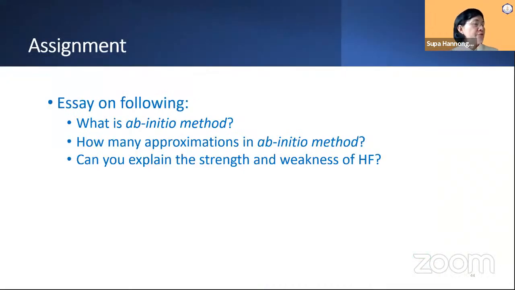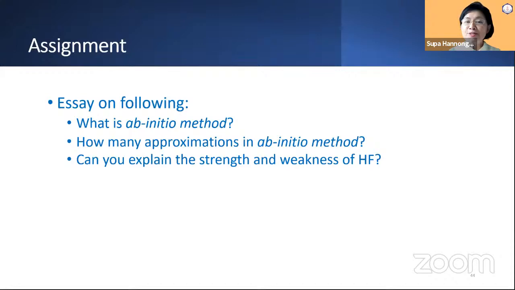So I think we come to almost the end of my lecture. And today I have introduced to you the ab initio method. So please try to learn and try to summarize something. What is the ab initio method? Okay, and how many approximations are in the ab initio method is very important to know.